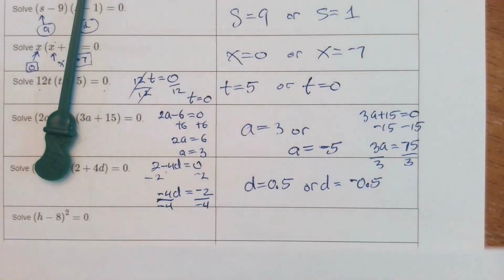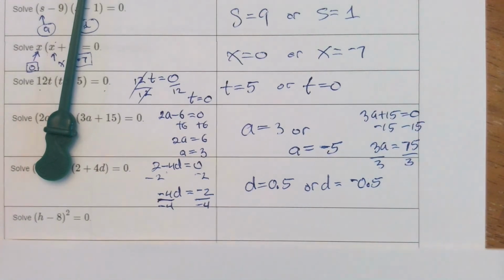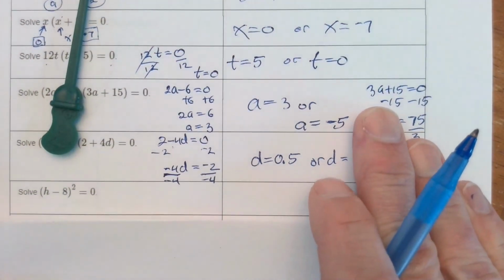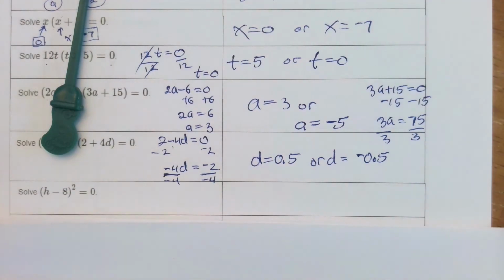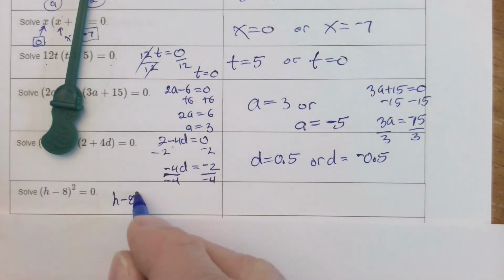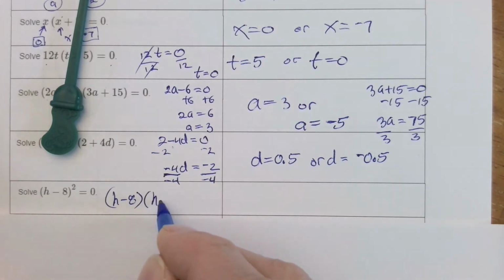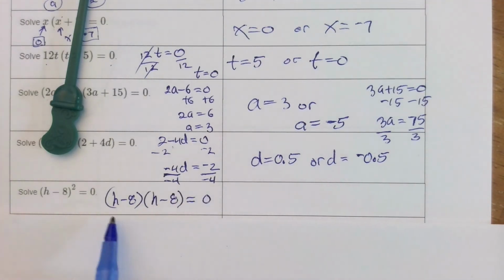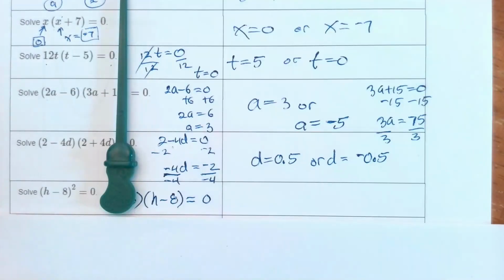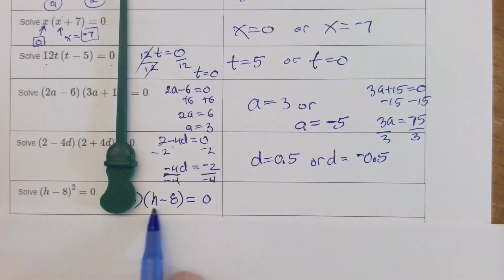Now for an easy problem, we have h minus 8 squared equals 0. I probably don't need to tell you that that's the same as h minus 8 times h minus 8. Well, if these two factors are exactly the same, you shouldn't expect two different answers. The number that causes the first factor to be 0 is 8. 8 minus 8 is 0.